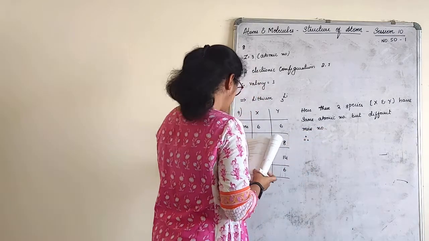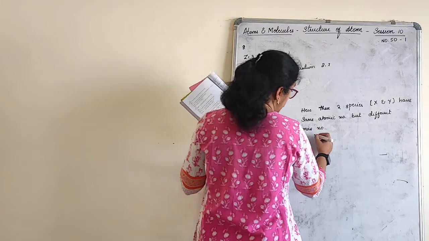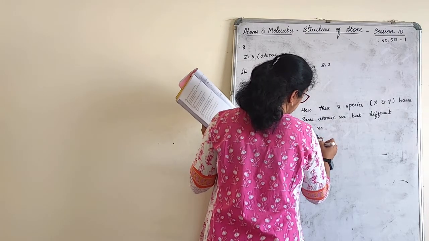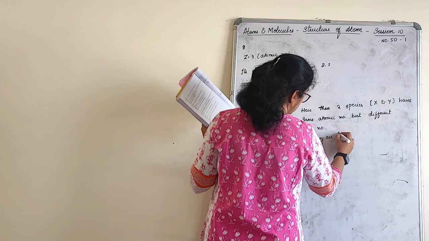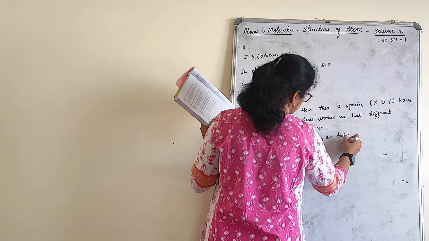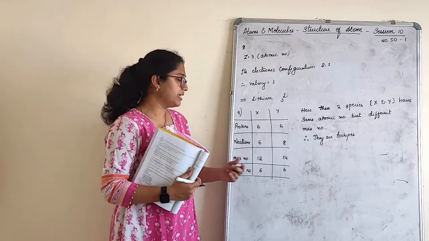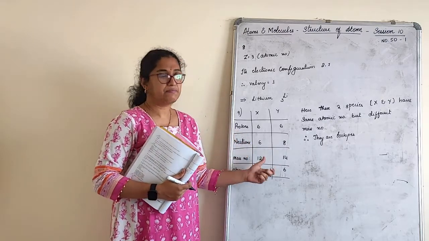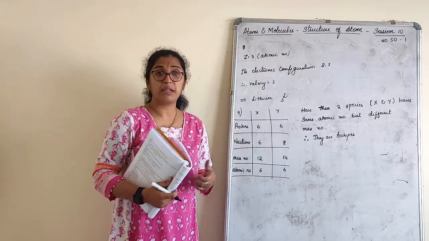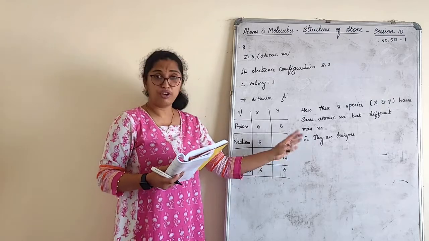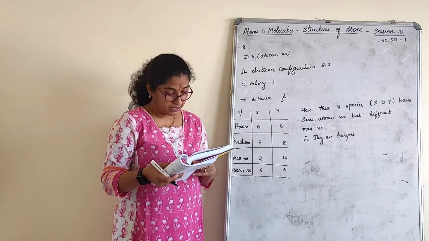Therefore, they are isotopes. In case they ask you which element, you know it is carbon. Very simple to understand because atomic number of carbon is 6. They have not asked, so I have not written.